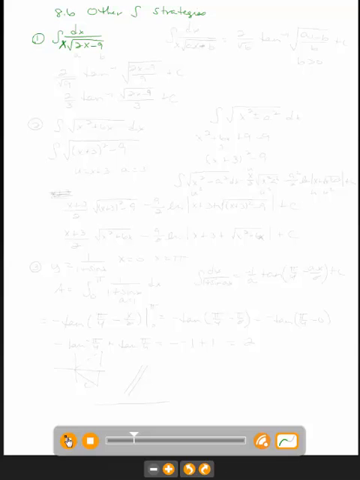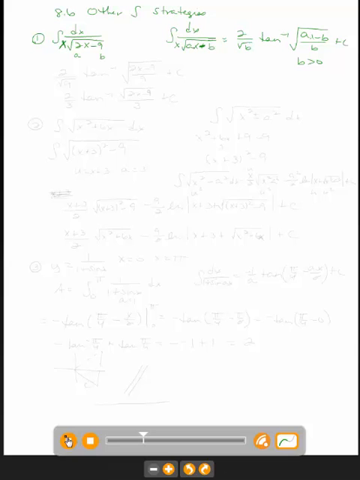So if you look there, you will find one that says the integral of dx over x times the square root of ax minus, not plus, minus b is equal to 2 over the square root of b arctan of the square root of ax minus b all over b, plus c, as long as b is greater than 0. In our case, the b is 9. Here's my b, here's my a.